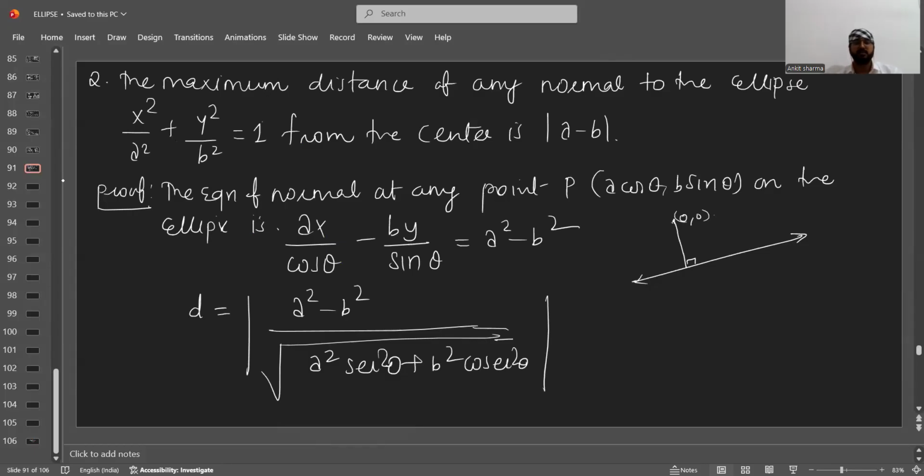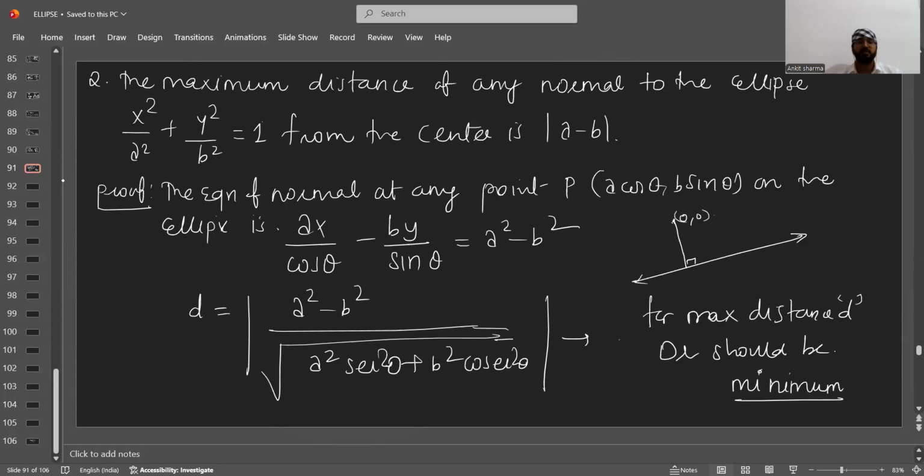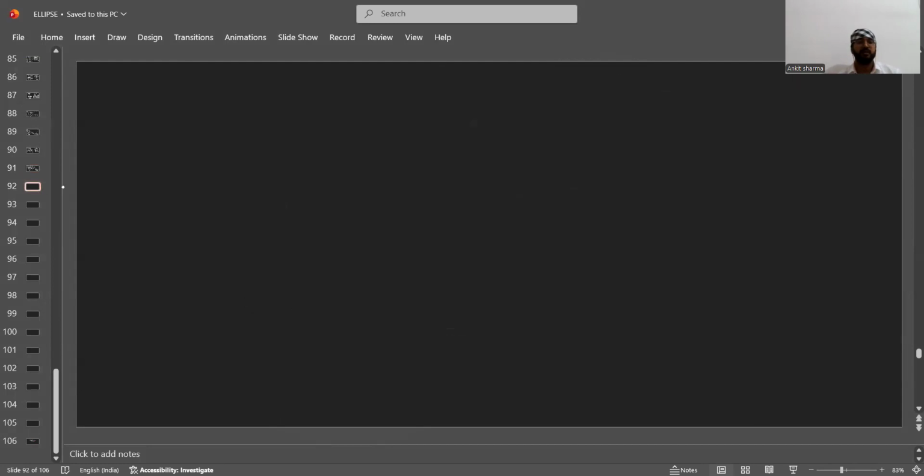So for the maximum distance d, the denominator should be minimum, because we want d to be maximum. So let's consider this thing then: a square sec square theta plus b square cosec square theta.